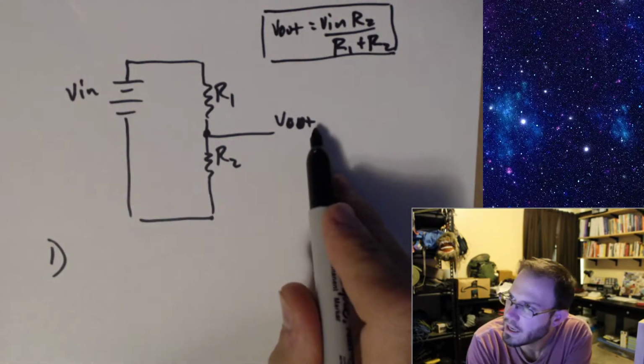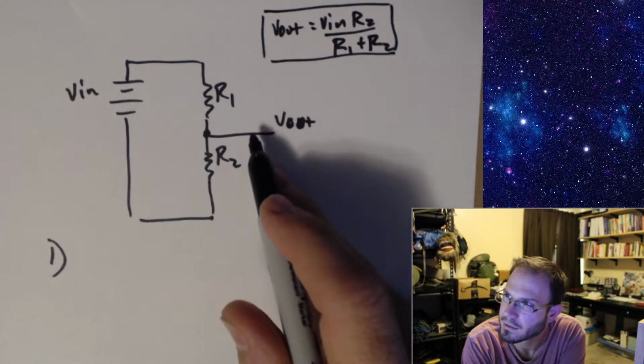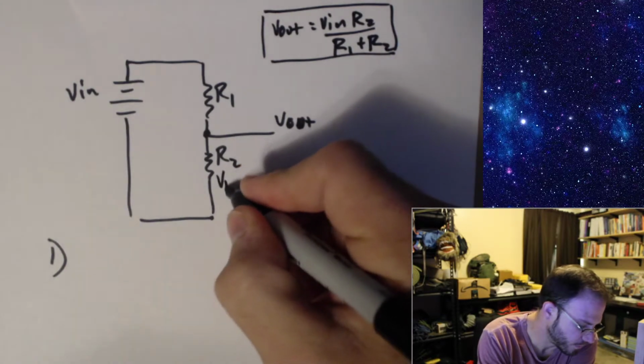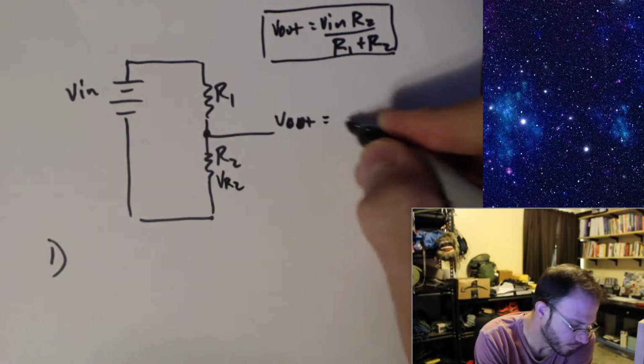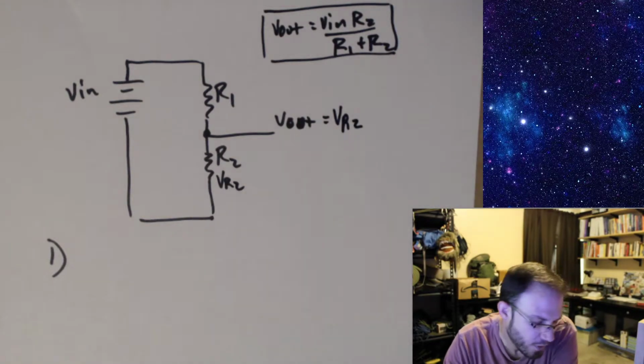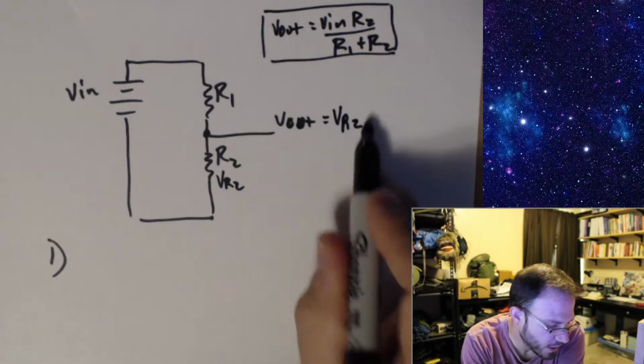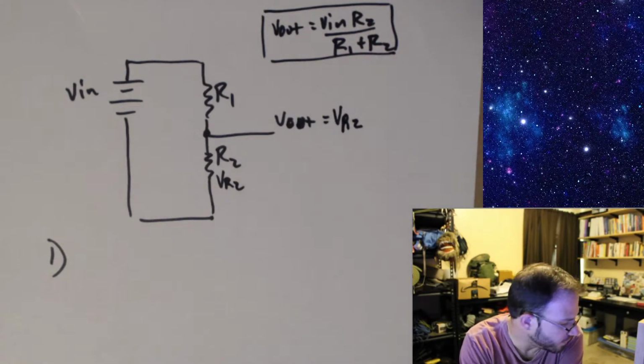Well, V out over here is just the voltage drop across R2, right? So that's the first thing that stands out to me. We can now reduce it in terms of V out being equal to VR2.